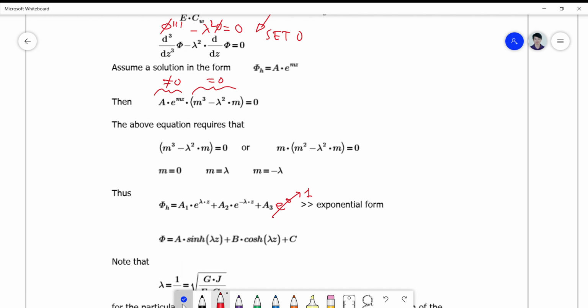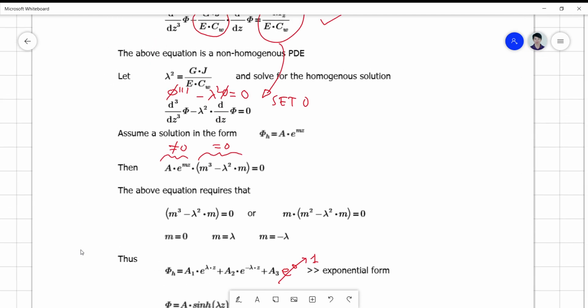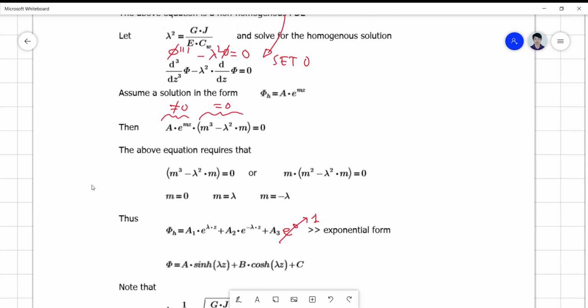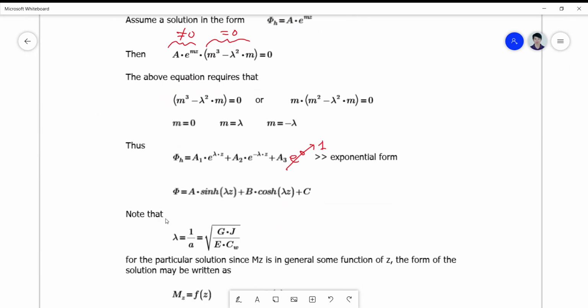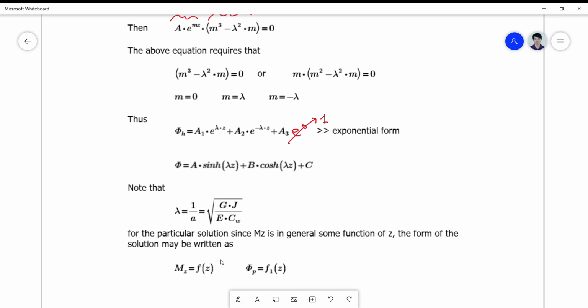Note that lambda, as I have defined it above, is simply the square root of GJ over ECW, and I come up with another variable to represent lambda, which is 1 over a. For the particular solution, since Mz is in general some function of z alone, the form of the solution may be written directly as a function of z. What does that mean?